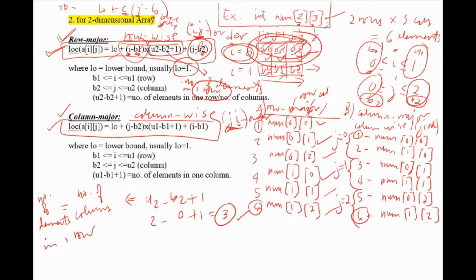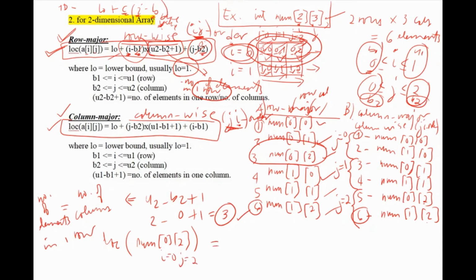So let's try to locate an element, say this one, num 0, 2. So the value of I here is 0 and the value of j is 2.